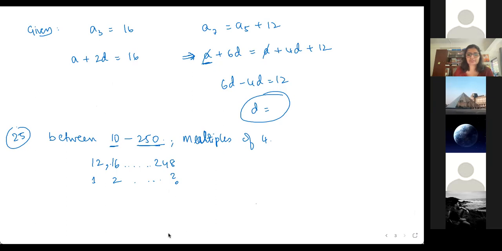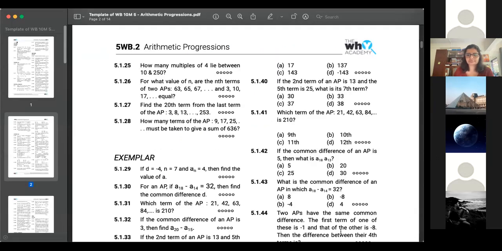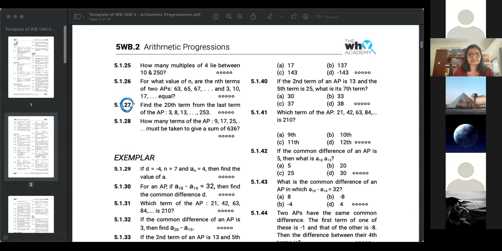Oh, we'll do this type of question. Number 27. Very good. Aditya bhi khatam. Do question number 27. So find the 20th term from the last term.